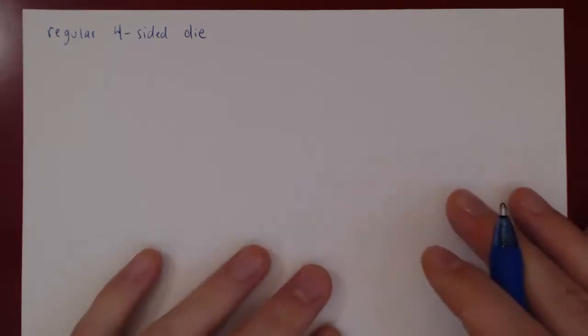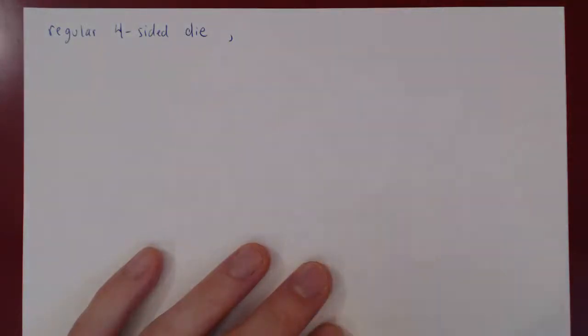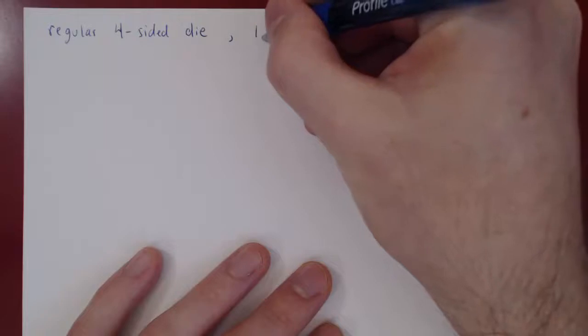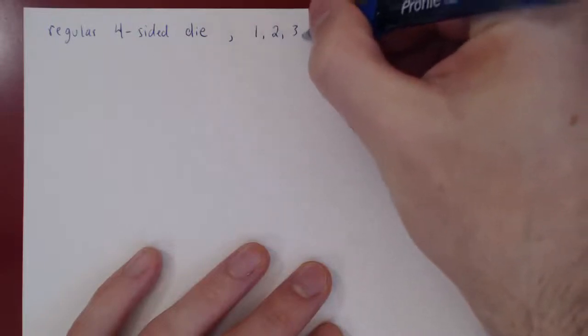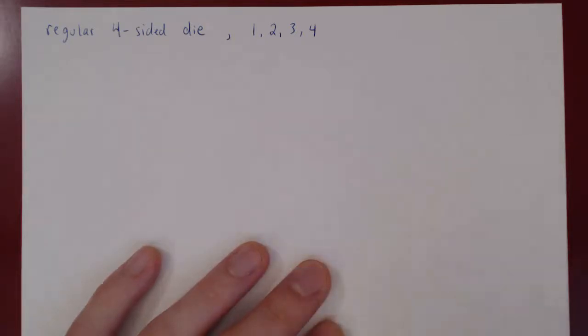So if you roll this die, you will observe a figure, and you will observe either a 1, a 2, a 3, or 4. And suppose you roll this die, say, 50 consecutive times.